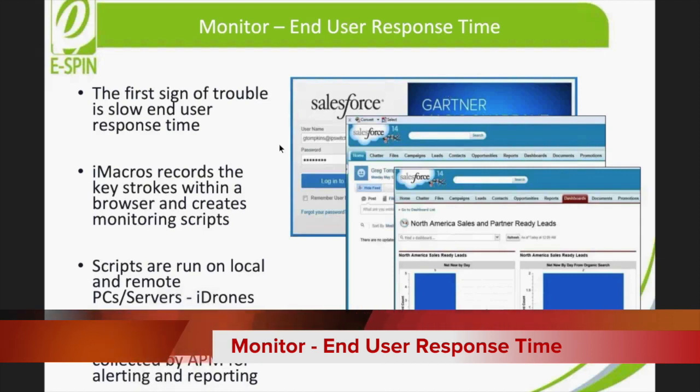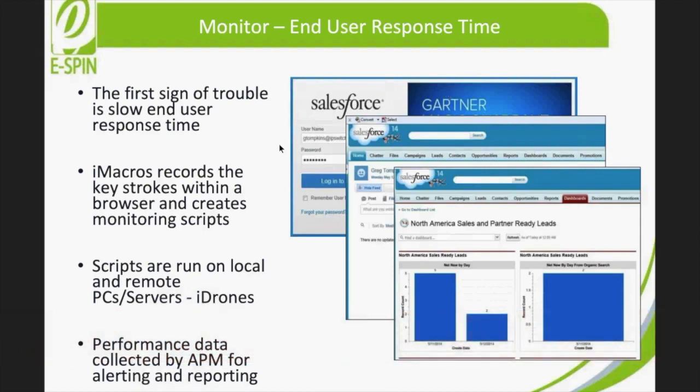End user response time. The first sign of a problem is always slow end user response time, because they are the user, right? There is another technology called iMicro. Actually, WhatsUp Gold is able to capture and automate, to give you the threshold and systematic monitoring of the history within the browser.